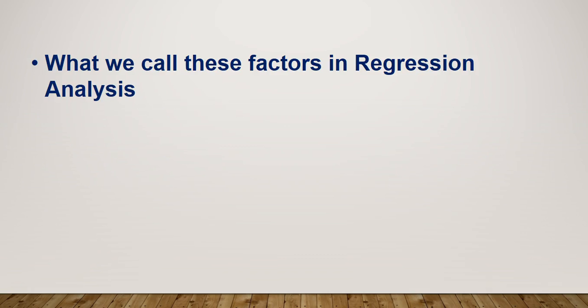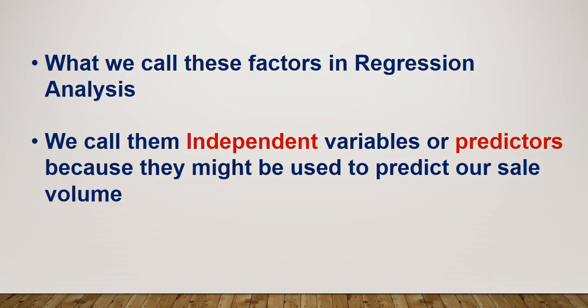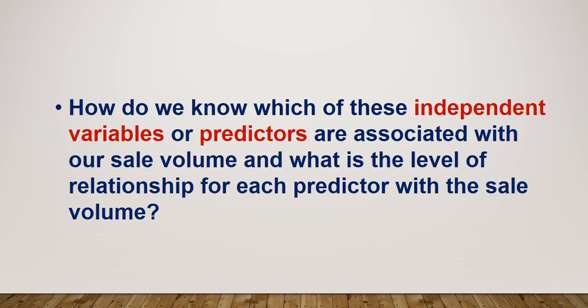What do we call these factors in regression analysis? We call them independent variables or predictors because they might be used to predict our sales volume. How do we know which of these independent variables or predictors are associated with our sales volume, and what is the level of relationship for each predictor with the sales volume?